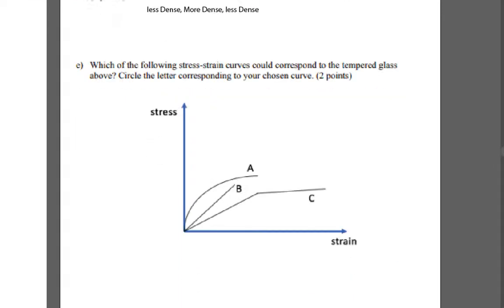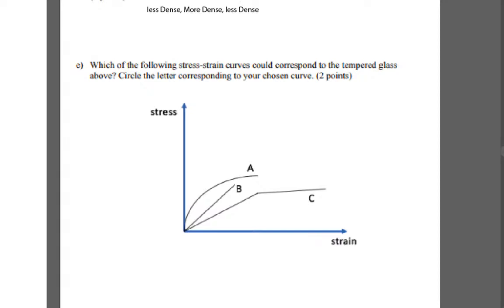Which of the following stress strain curves could correspond to the tempered glass above? Circle the letters corresponding to your chosen curve. Okay, first things first. It couldn't be C, because it has the plastic regime. No, sorry, it has the elastic regime.